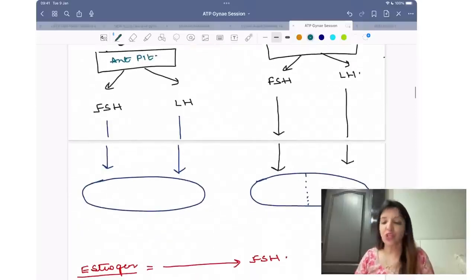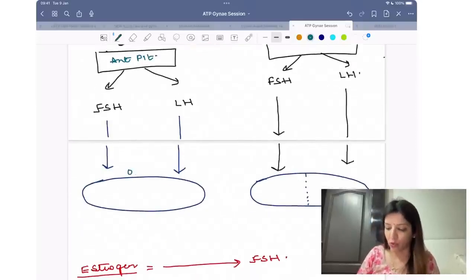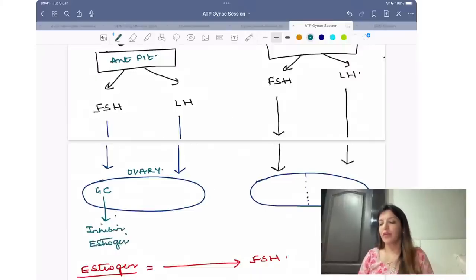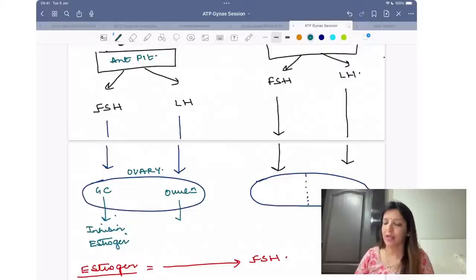Now FSH is going to act on the ovary, and from the granulosa cells it is going to release inhibin and it is going to release estrogen. LH is going to act on the ovary, it will bring about ovulation, and because it brings about ovulation, progesterone is formed.